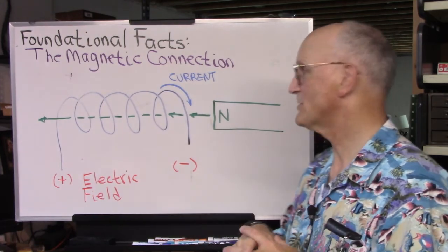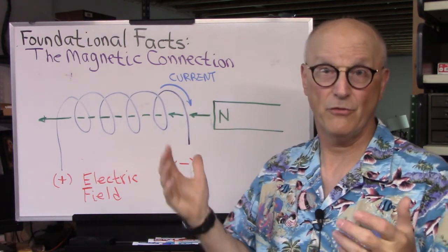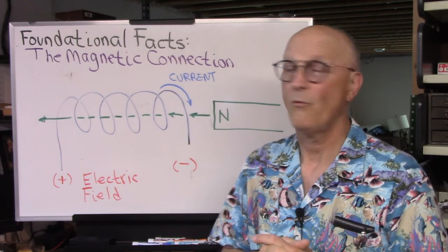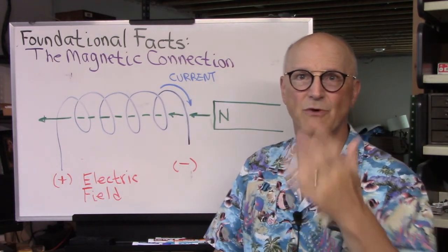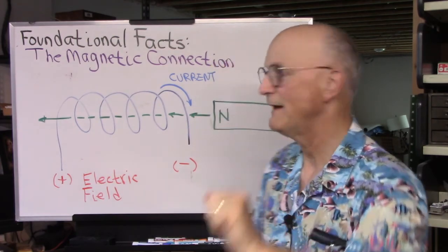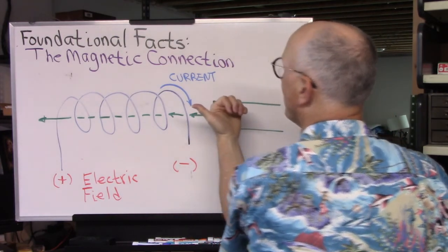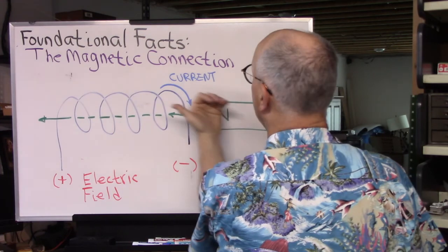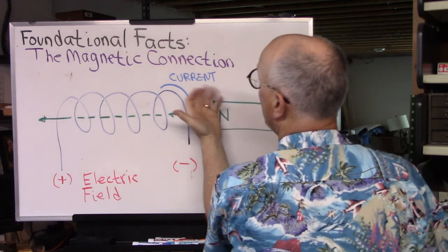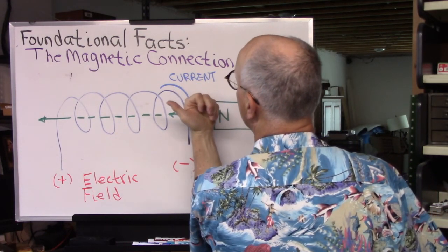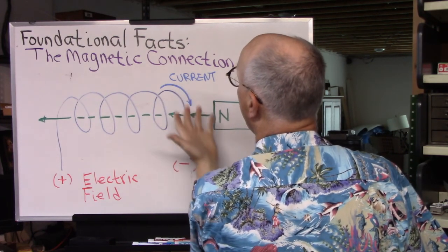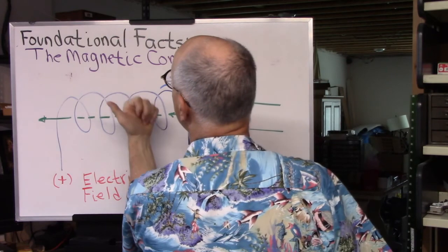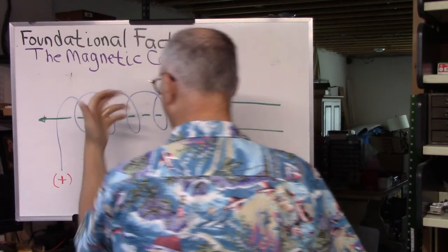So how do we know what direction the electric field is in and the resulting current when a magnetic field moves across it? Well, this is where we use the left-hand rule. We put our thumb in the direction of the moving magnetic north. We wrap our fingers around the inductor, and that tells us the direction of the electric field.